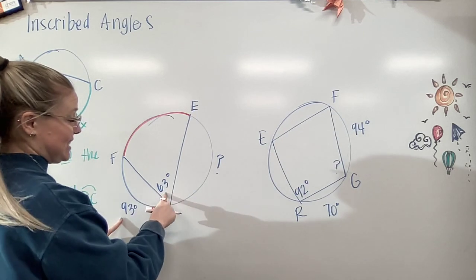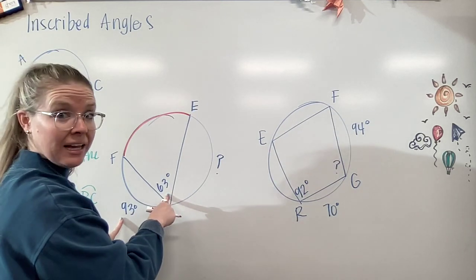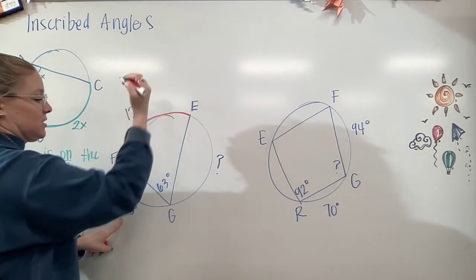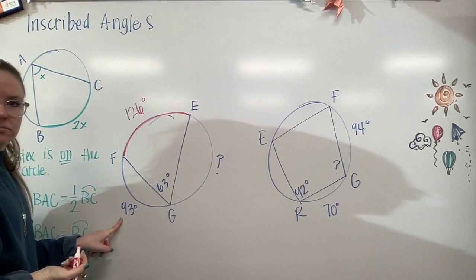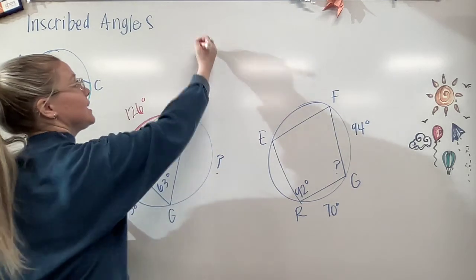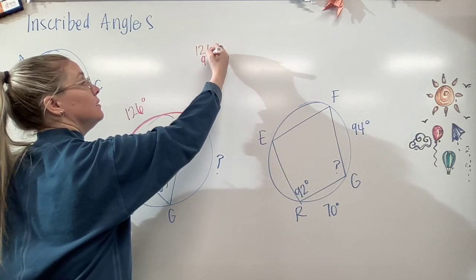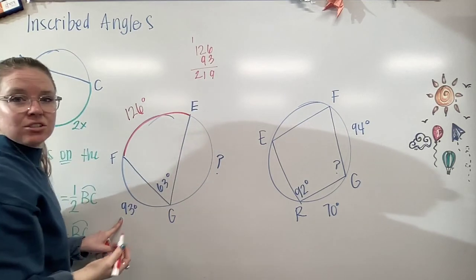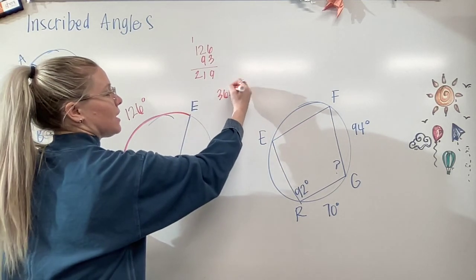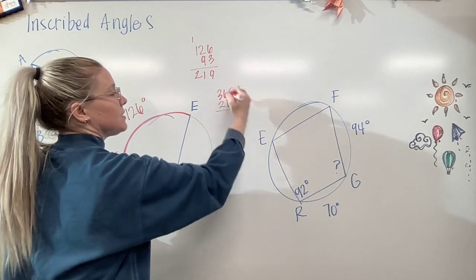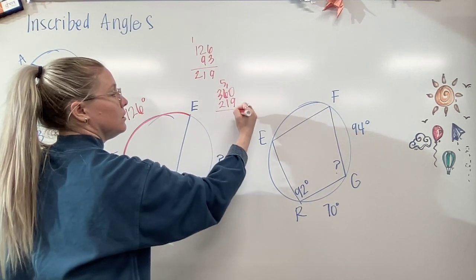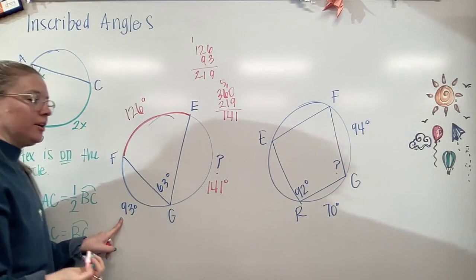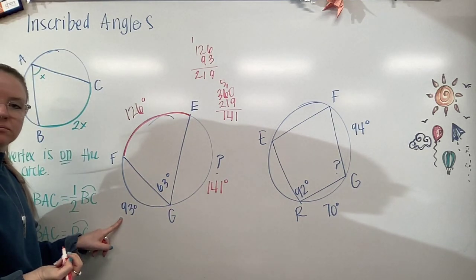Since this is 63, we double that to get its arc measure, which is 126 degrees. So now I have 126 and 93. That's 219 degrees. I'm going to take that away from 360 to see what's left over. So this arc would be 141 degrees.